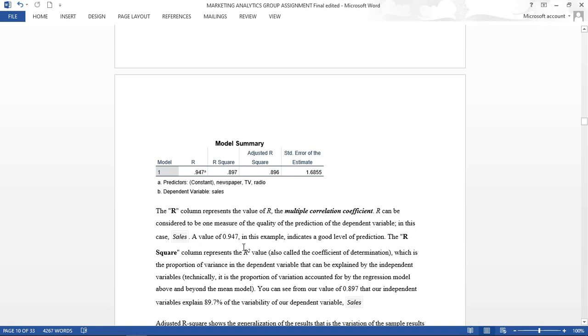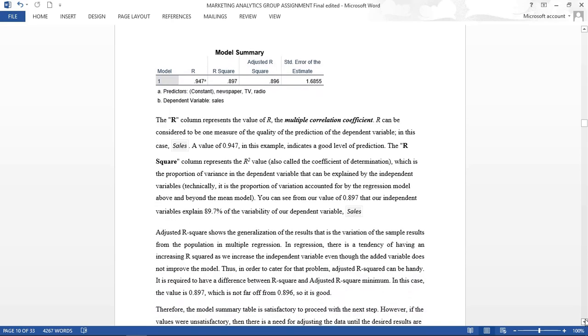Then R squared, also referred to as the coefficient of determination, is the proportion of variance in the dependent variable that can be explained by the independent variables. In this case, all the variables together contribute almost 89.7% of the variability in determining the dependent variable, sales, and the remaining, 100 minus this, is contributed by other factors.